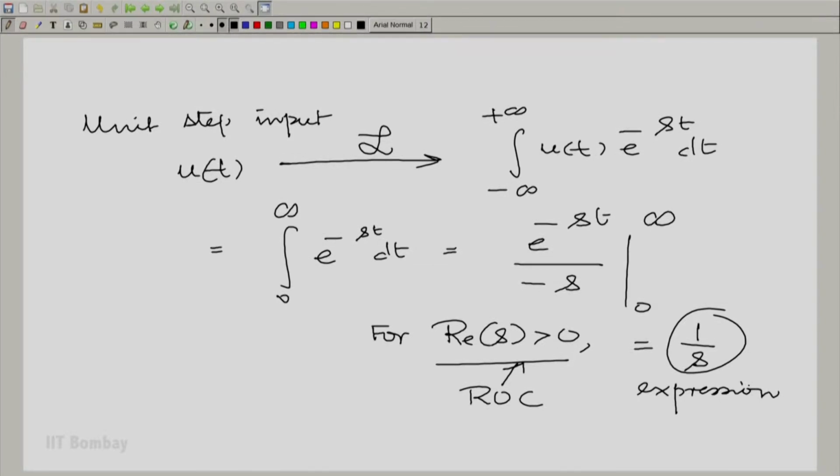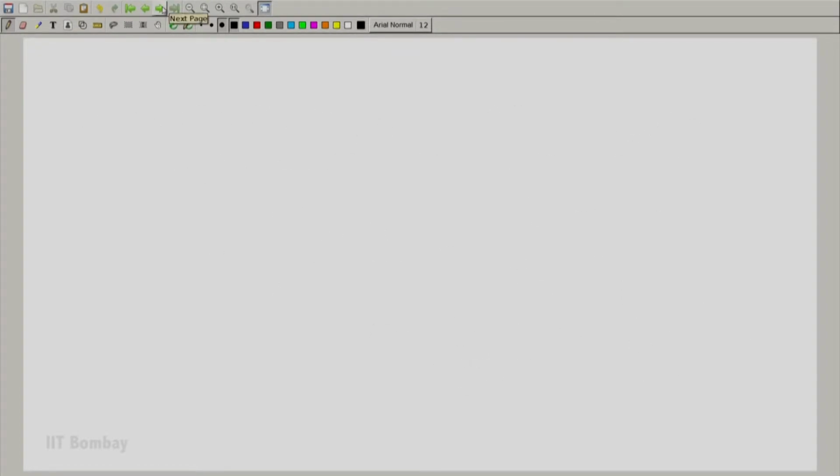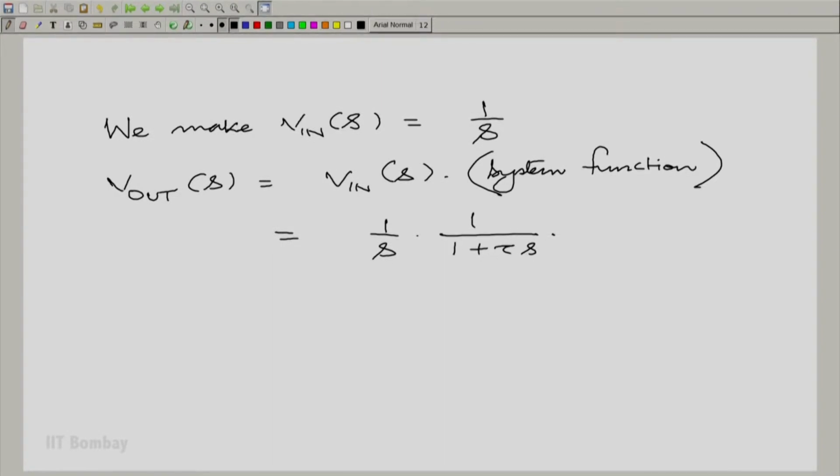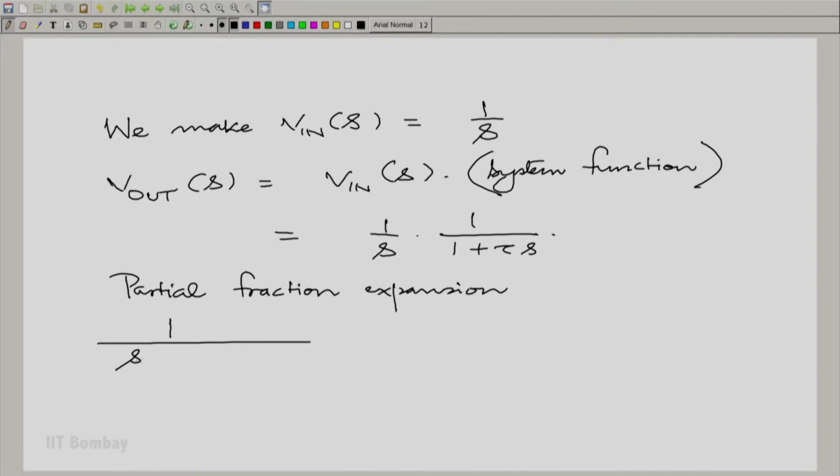And if we give this input, that means if we make V in S equal to 1 by S, then V out S is going to be V in S times the system function, and that is 1 by S times the system function. And I can make a partial fraction expansion of this. To make a partial fraction expansion, it is easier first to write it in the standard form.